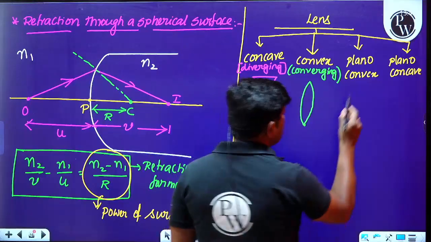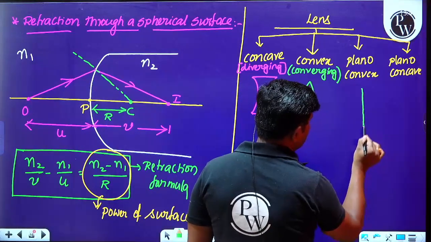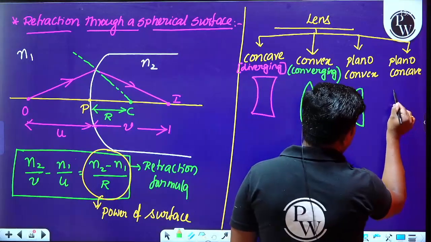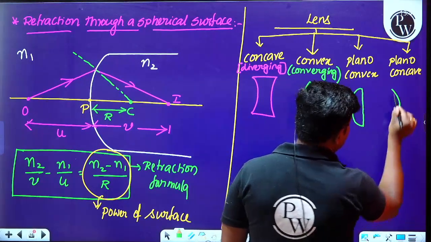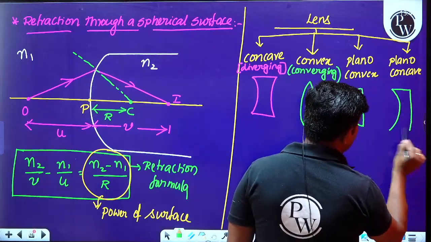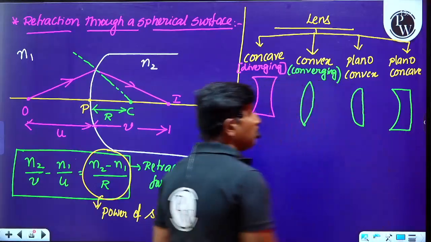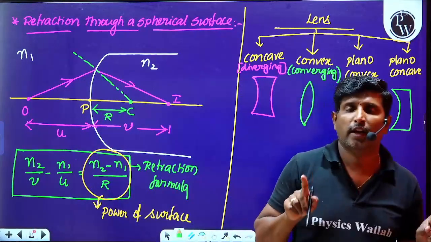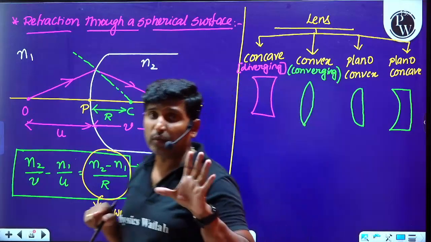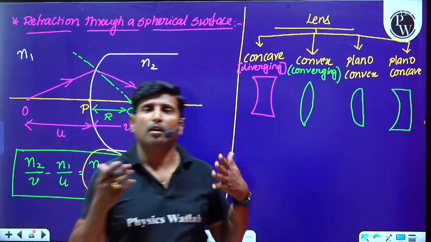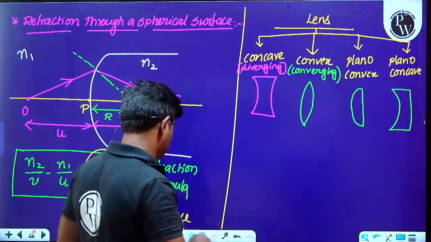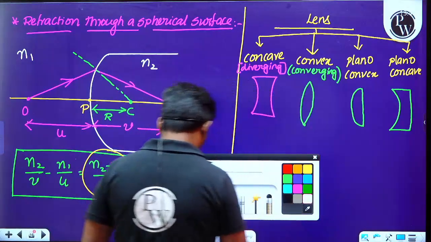Plano-convex is as shown like this, and plano-concave is as shown in the figure. So please make sure about these things here.